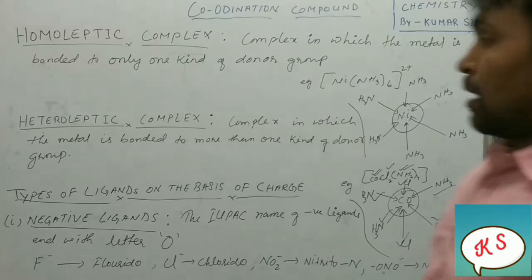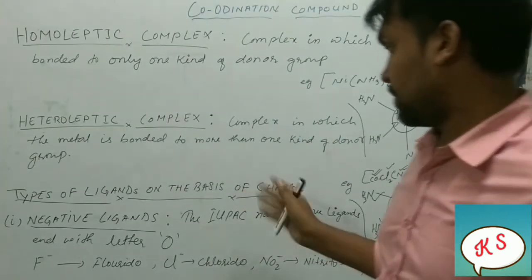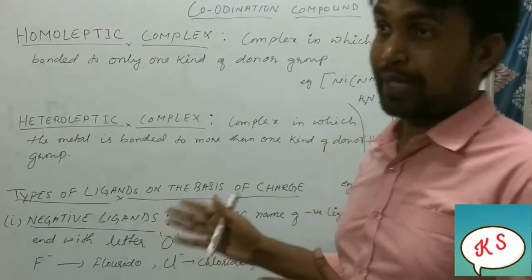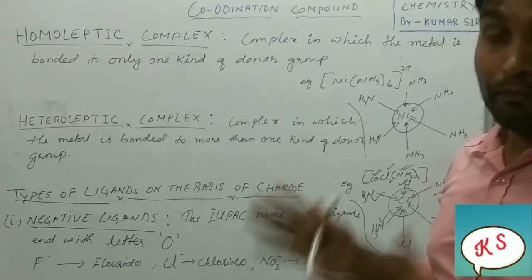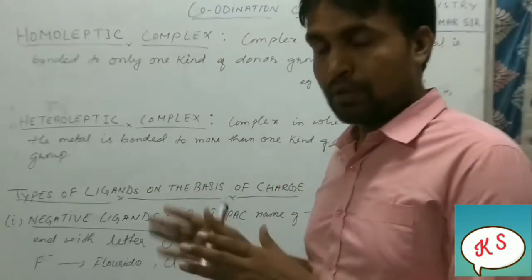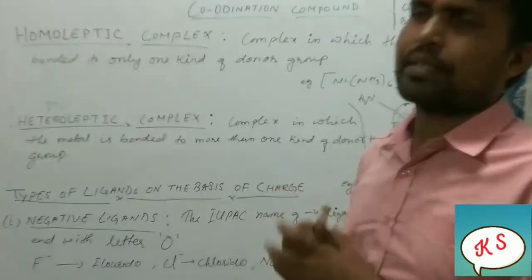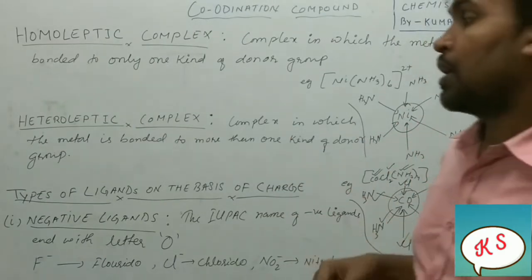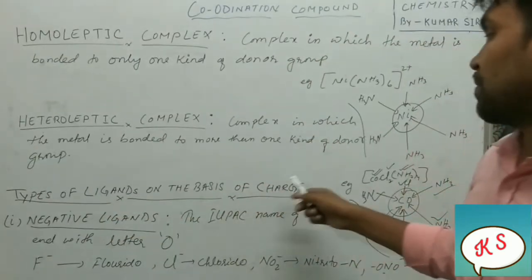Now before starting the IUPAC naming in coordination compounds, which is a very important part for your exams, we should learn some basic things regarding IUPAC. One basic thing is types of ligands on the basis of charge.